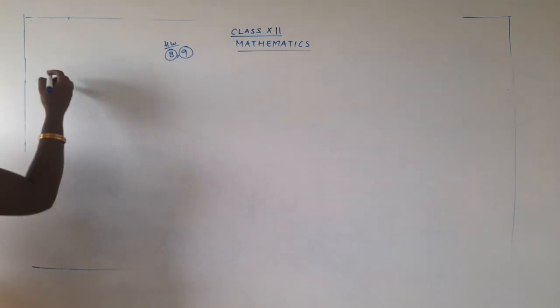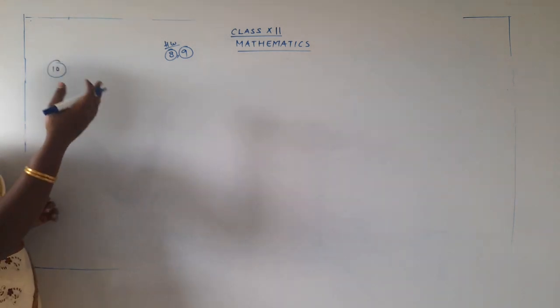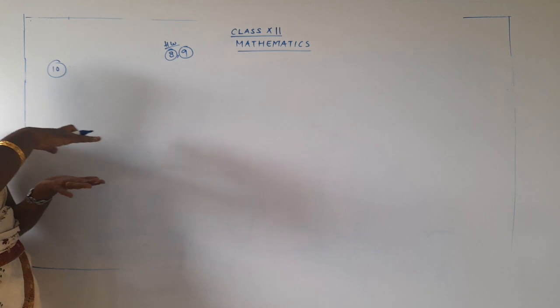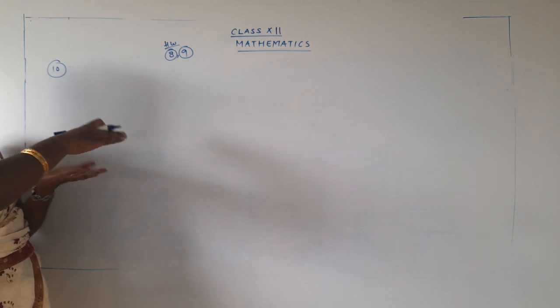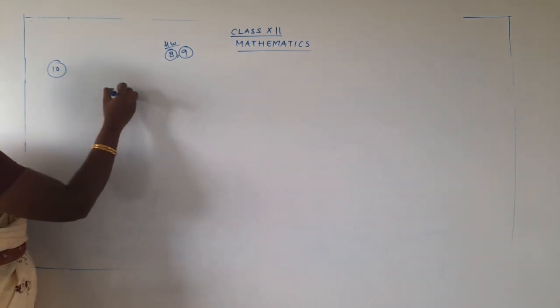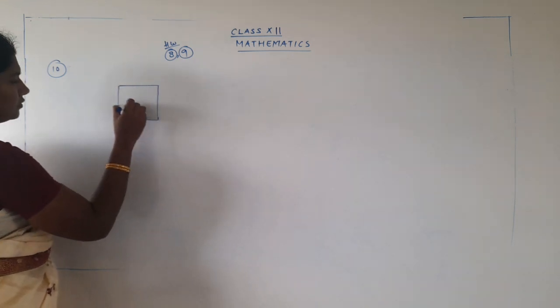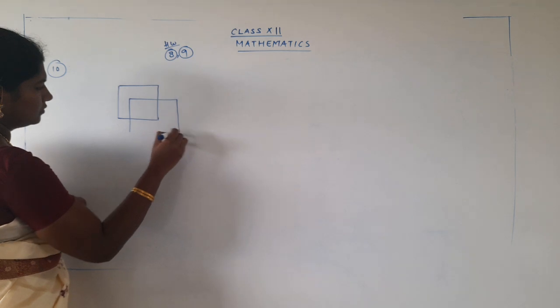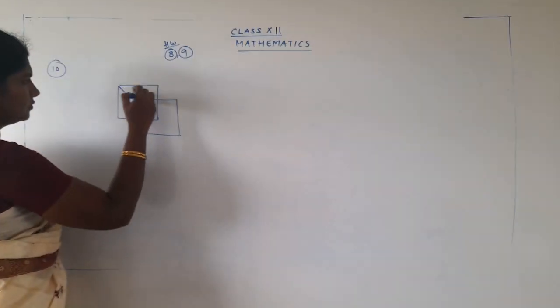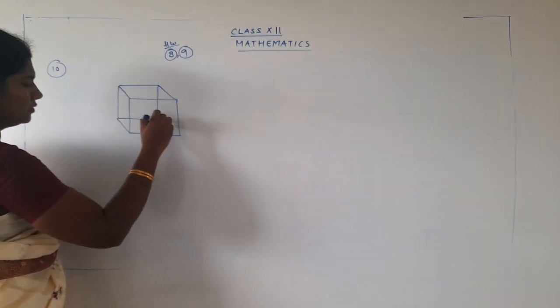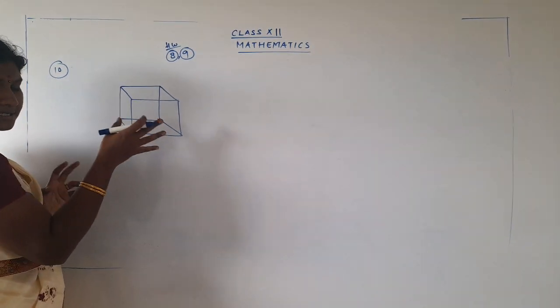We have to draw the figure for sum number 10. It's an open box. Open box means we don't have a cover on the top part. It is open. So draw a box. They say the base part is a square part.